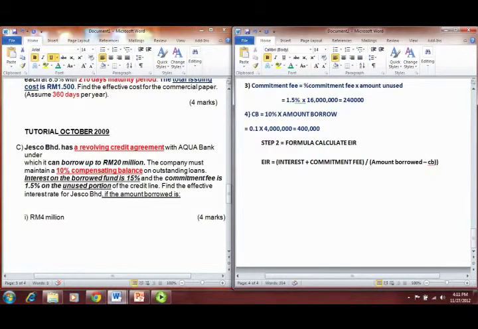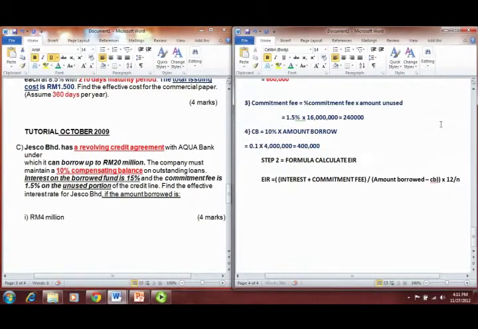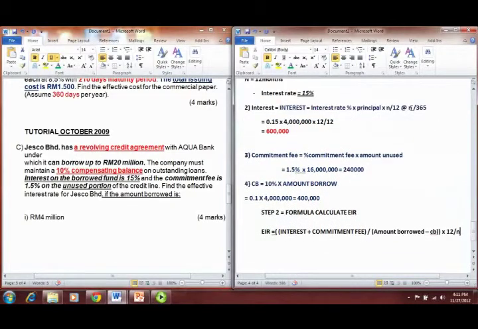Don't forget, class, to multiply by 12 divided by N. Many students are careless here, because as you can see, for interest we have to make sure N divided by 12. I repeat, for EIR it is 12 divided by N.